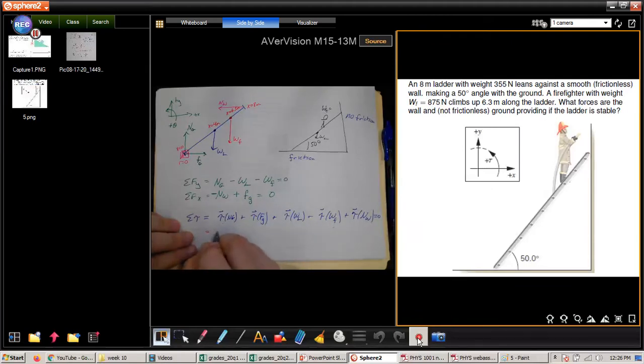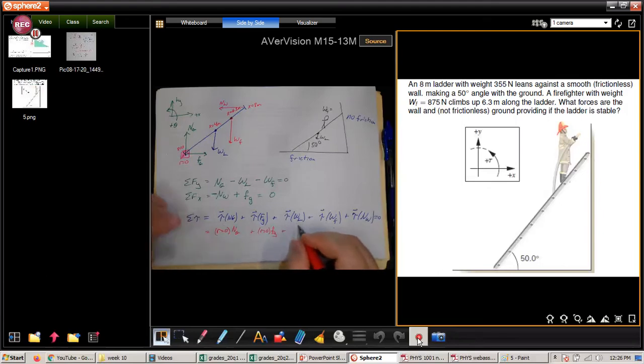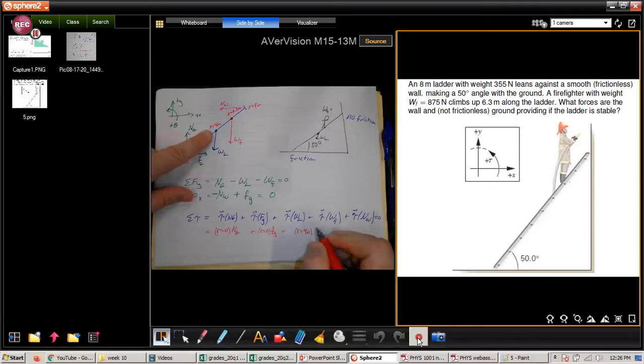And this is R equals 0 times this ground force plus R equals 0 times this frictional force plus, now R is 4 meters times our weight force. And the weight force for the ladder is 355 newtons. In this case, it's downwards, so it's negative.